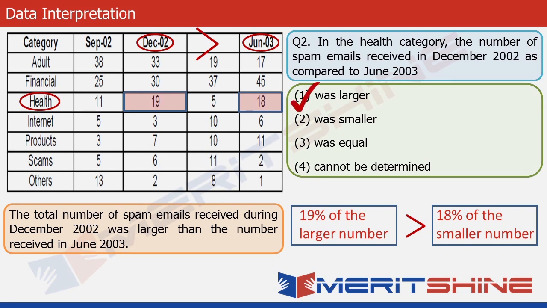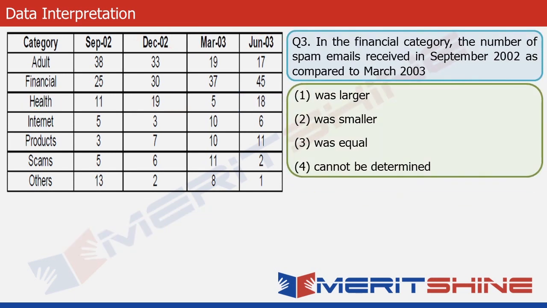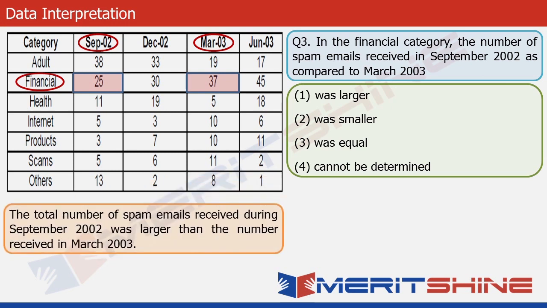Let's move to the third question now. It asks us to compare the number of spam emails received in September 02 with that in March 03 for the financial category. Now the respective numbers stand at 25 and 37. Now recall this piece of data given in the question set. The total number of spam emails received during September 02 was larger than the number received in March 03.